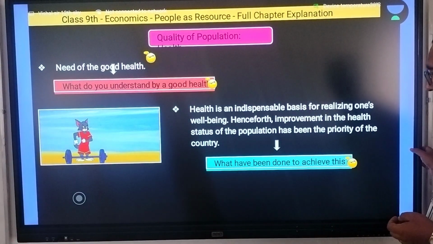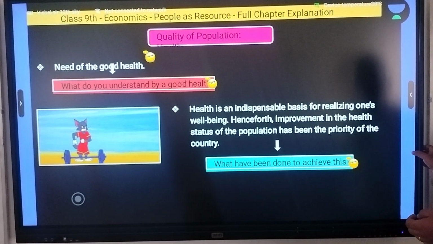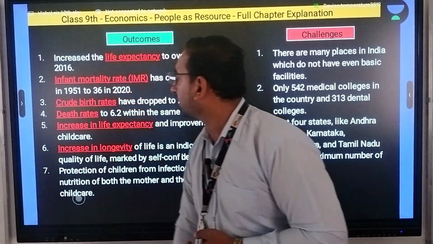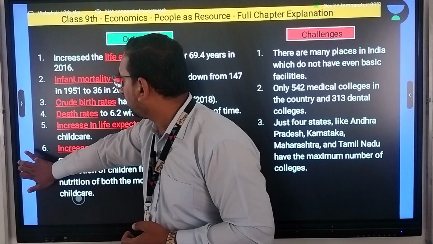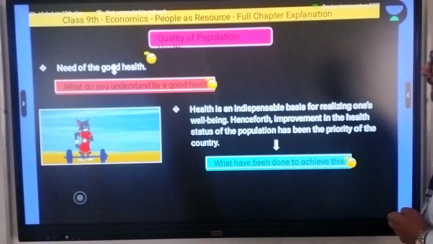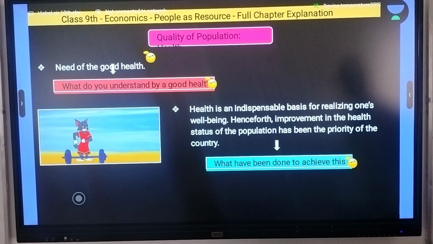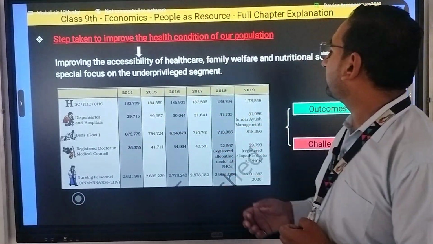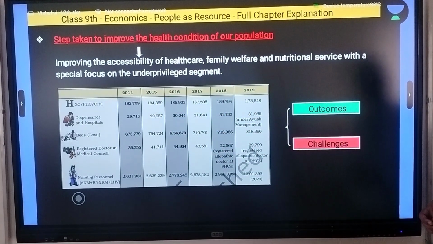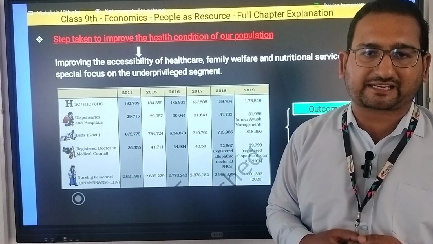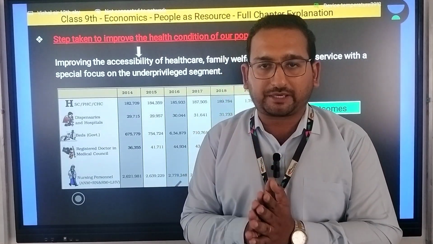Okay, so what has been done to achieve this? So what did our government do to achieve this? The next slide is providing the knowledge about what has been done by our government to provide good health to our country, improving the accessibility of healthcare, family welfare and nutritional services with a special focus on the underprivileged section, means the poor community.